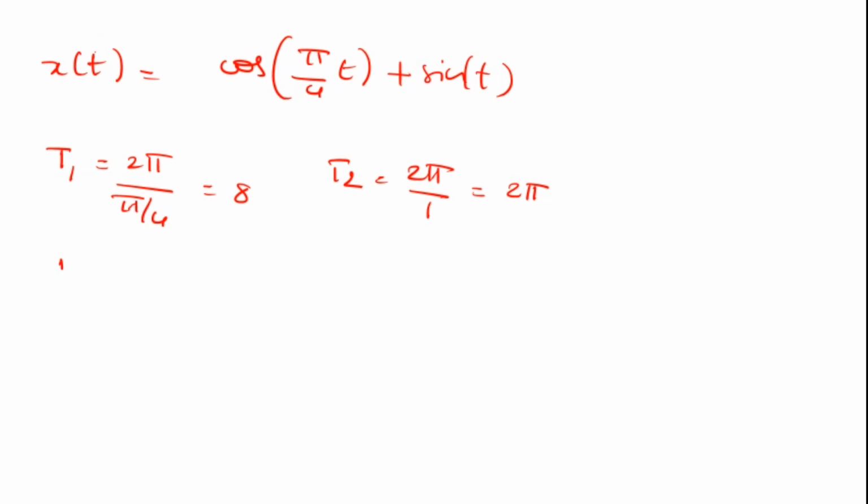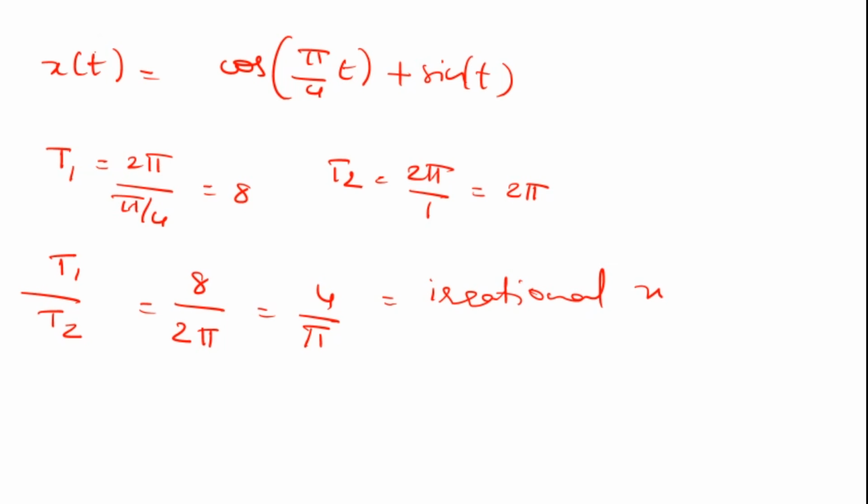Then T1 by T2 is equal to 8 divided by 2 pi, which is equal to 4 by pi. It is an irrational number. Therefore, x of t is non-periodic.